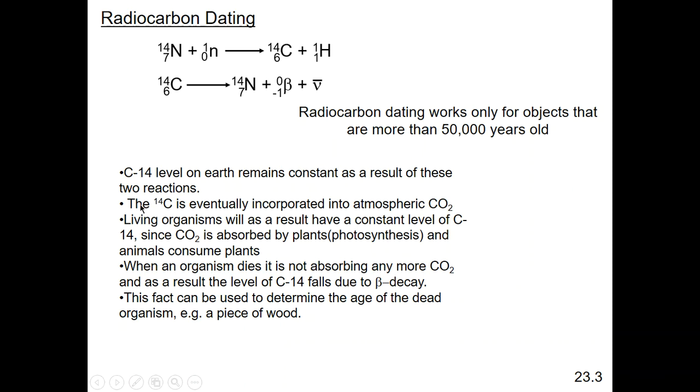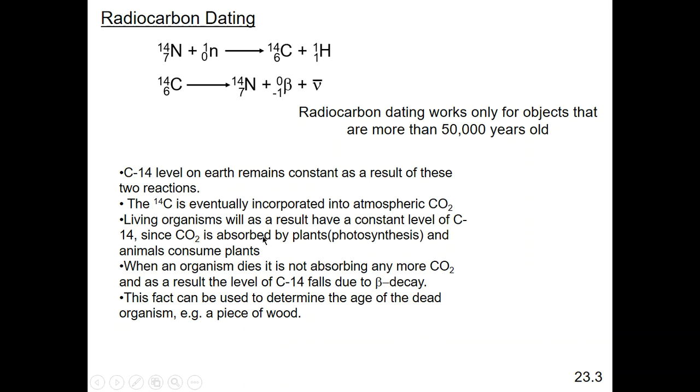And that results in carbon-14 incorporated into the atmospheric CO2, which would be absorbed by living organisms, including plants, right? In fact, CO2 is absorbed by the plants, of course, via the process of photosynthesis, and the animals consume these plants, right?